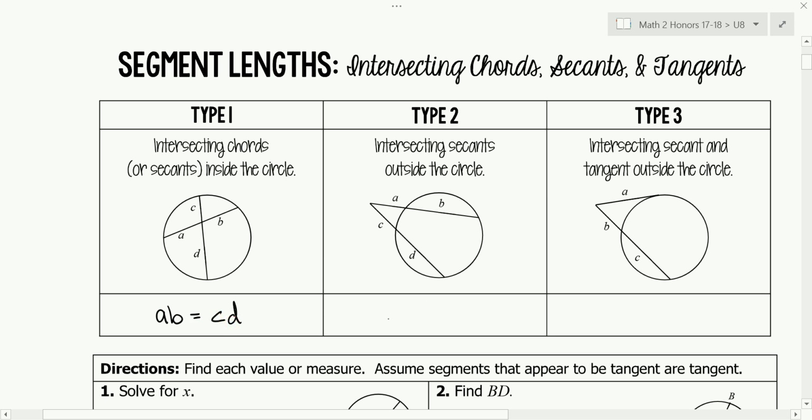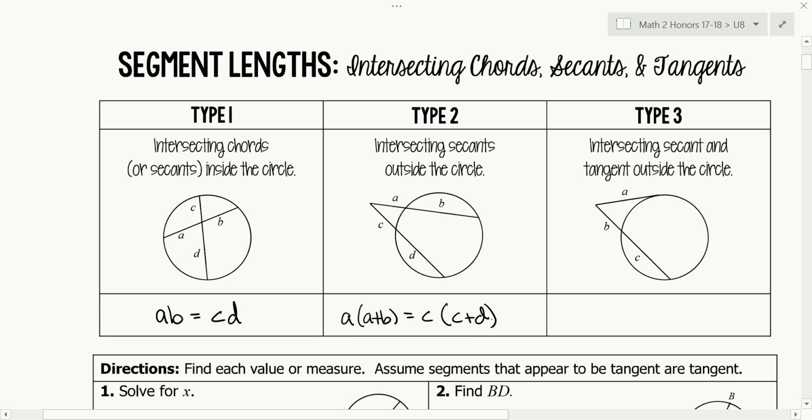Okay. Type 2 is if we have intersecting secants that cross outside the circle, secants, not segments, secants. What's true? A times what? A plus B is equal to C times C plus D. Okay.